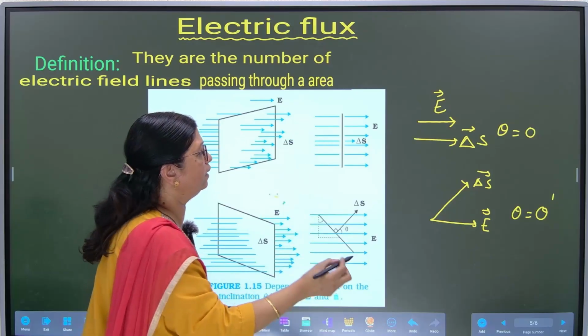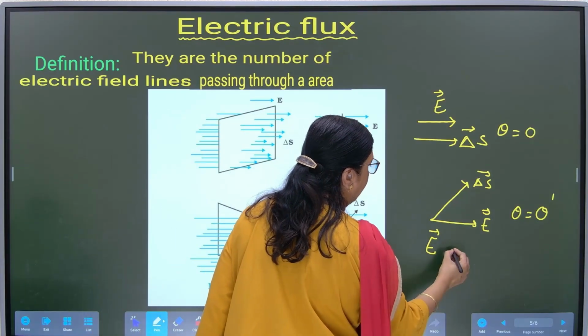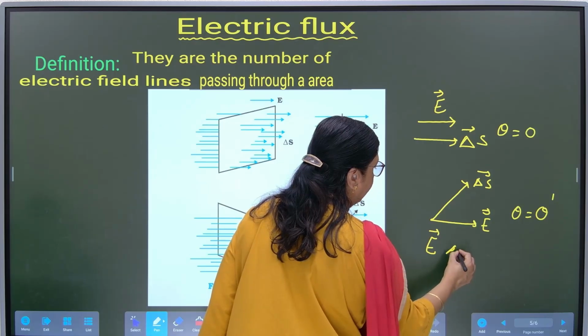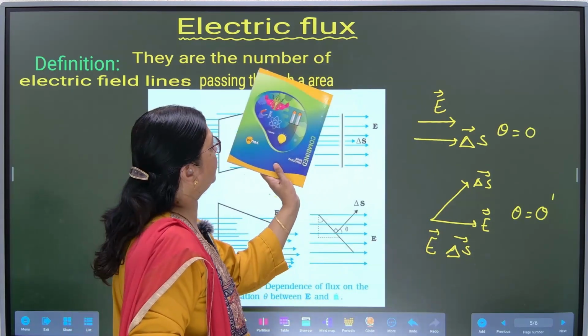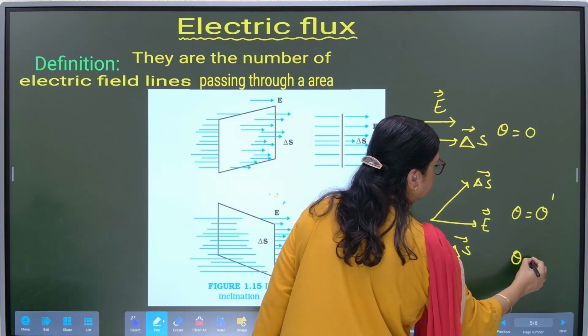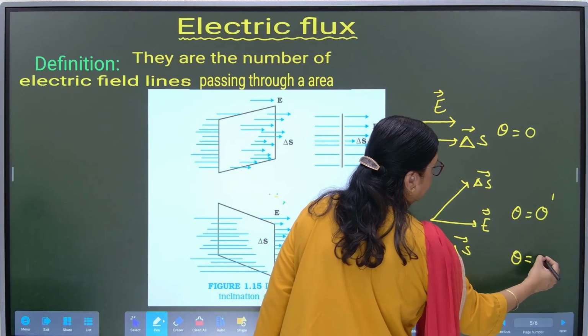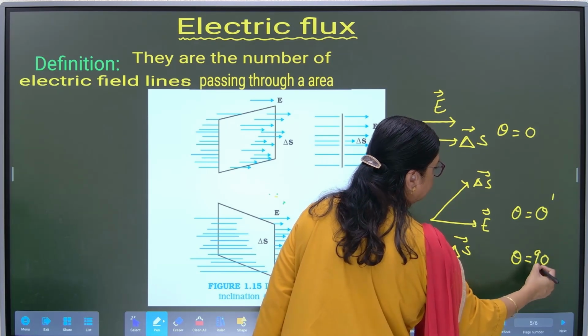So the angle between E and delta S, in that case, if I place this surface flat, will be theta equal to 0 degree. Sorry, 90 degree.